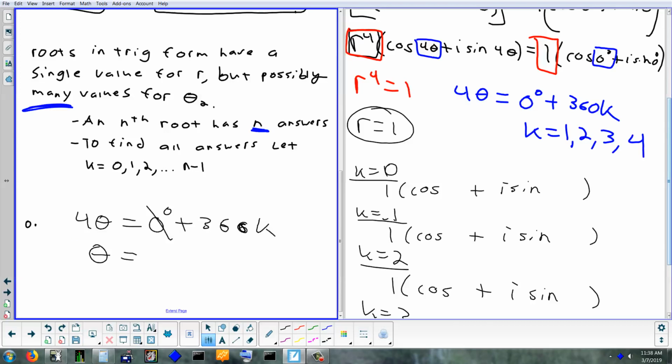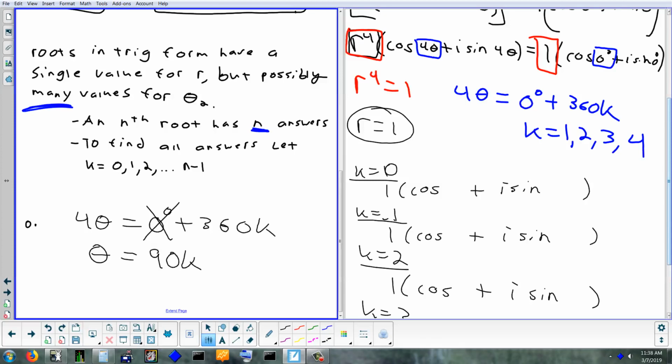Divide by 4. So 0 you don't even need, right? When you add 0 to something, it doesn't make a difference. What's 360 divided by 4? Yeah, 90. So there are all your angles. Your angles are multiples of 90.